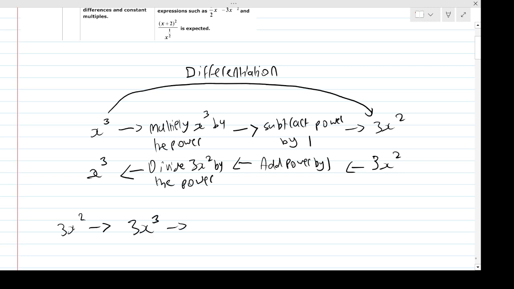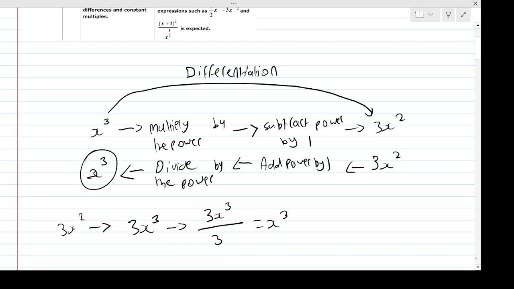Then the next step is to divide this expression by the power, which is now 3. So 3x cubed is divided by 3, and we can simplify this fraction, because 3 over 3 is just 1. So we just get x cubed.